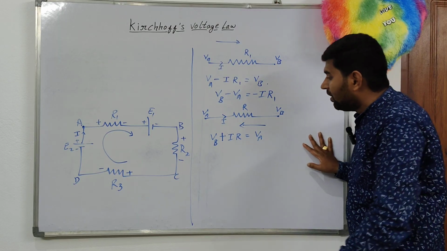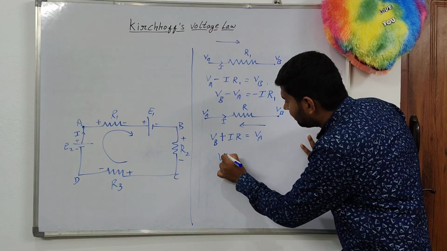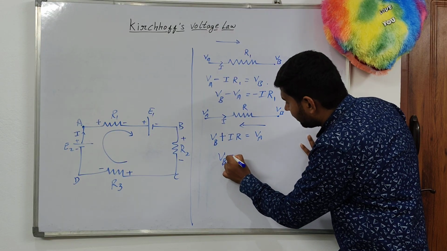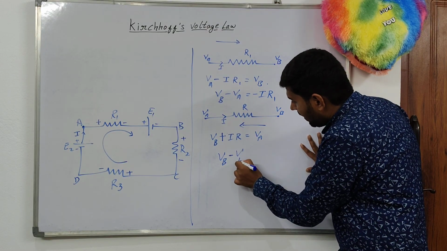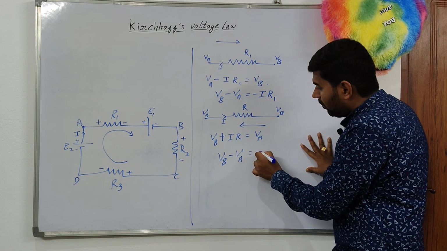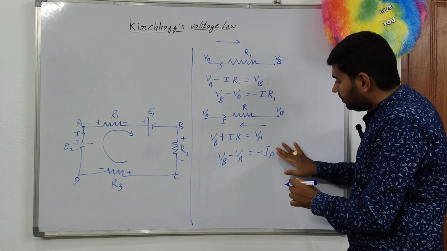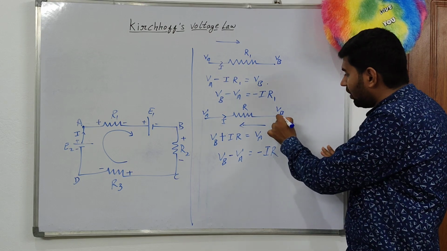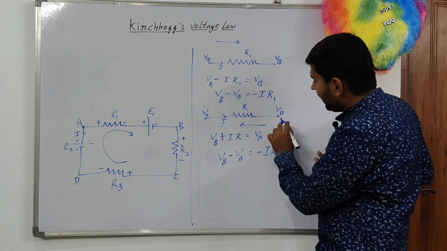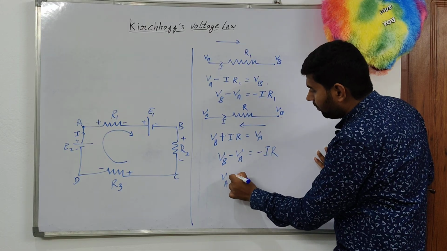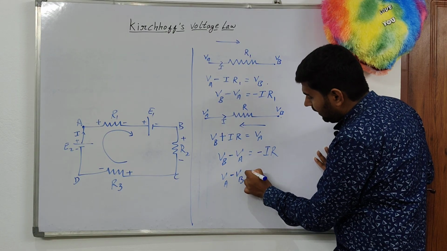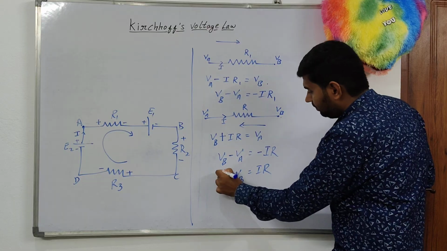From this, how to write? VB minus VA is equal to minus IR. Here, what is the potential difference? We are starting from here, I can write VA minus VB is equal to IR.